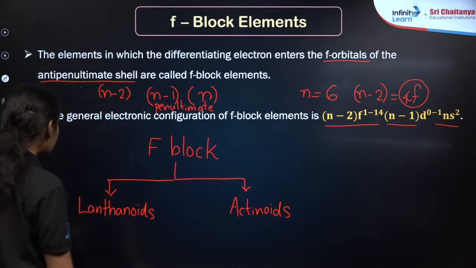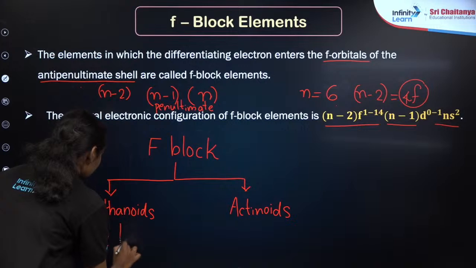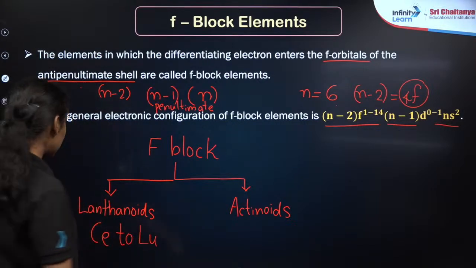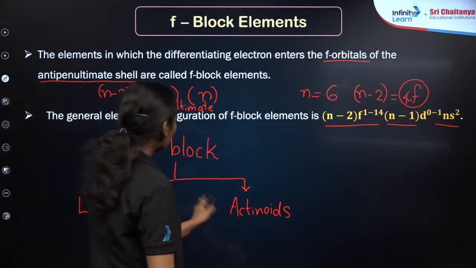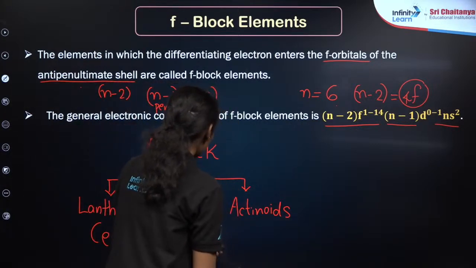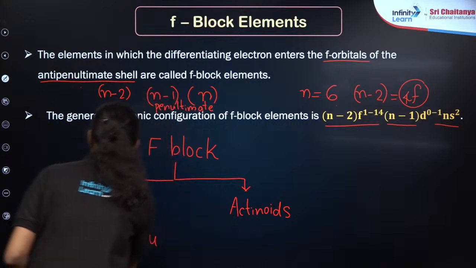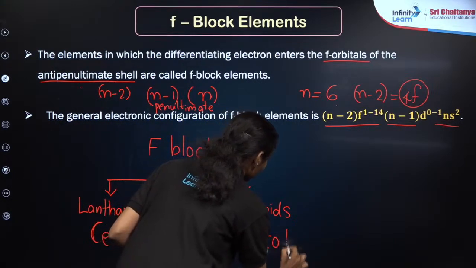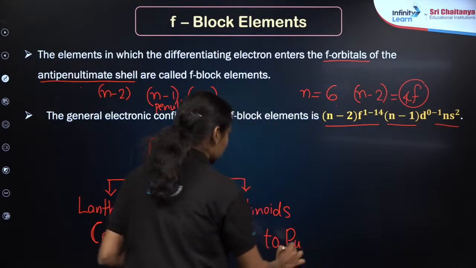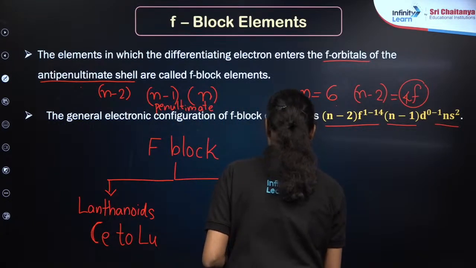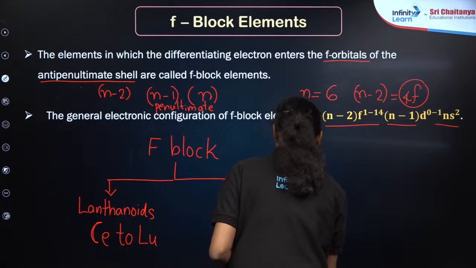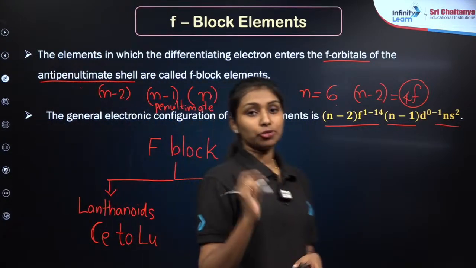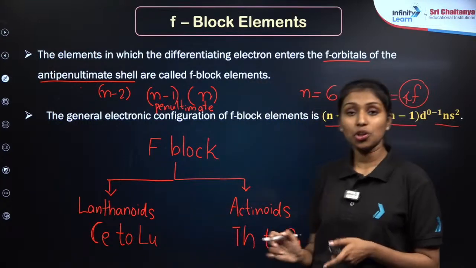In the case of lanthanoids, it starts from cerium to lutetium. These are the 14 elements after lanthanum. Similarly, there is another series known as the actinoid series, starting from thorium to plutonium, after the actinium element. This will be the actinoid series, right?